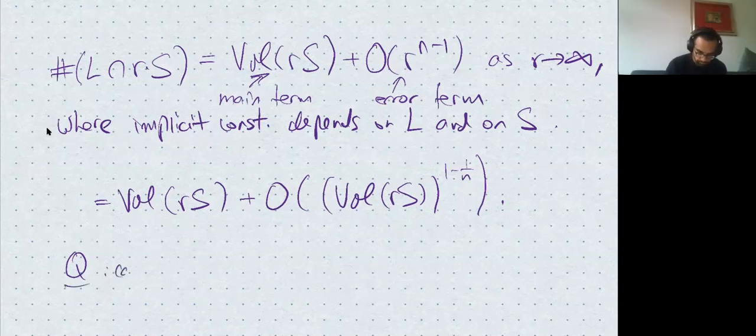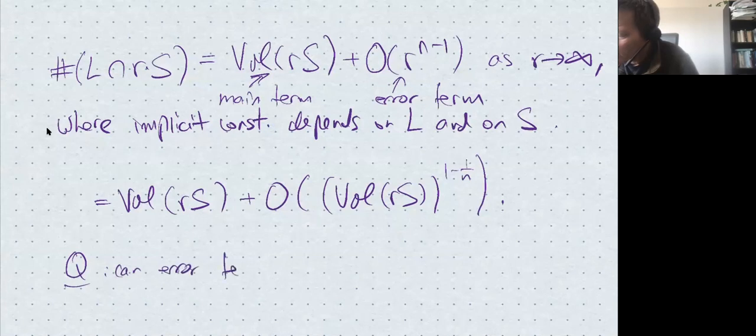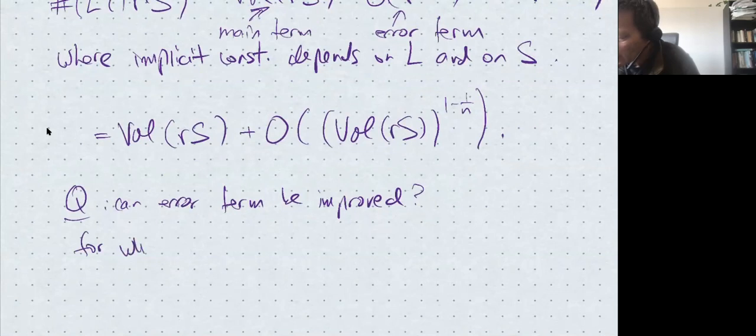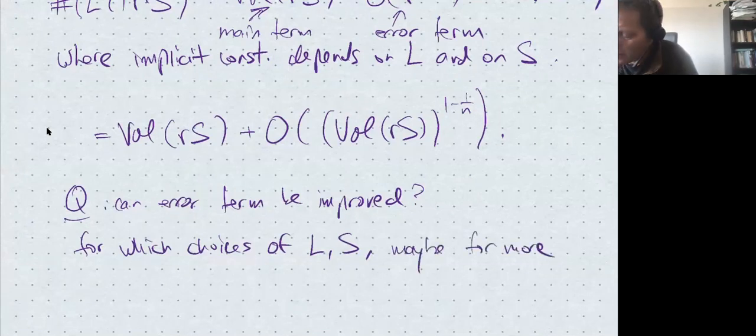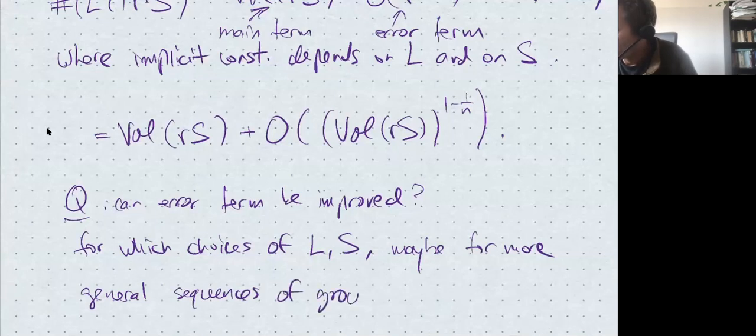Question: can the error term be improved? And if so, for which choices of L, for which choices of S, and maybe for more general sequences of growing bodies.